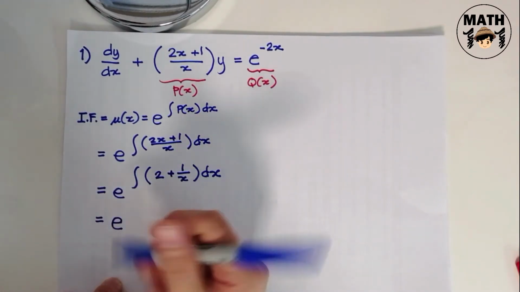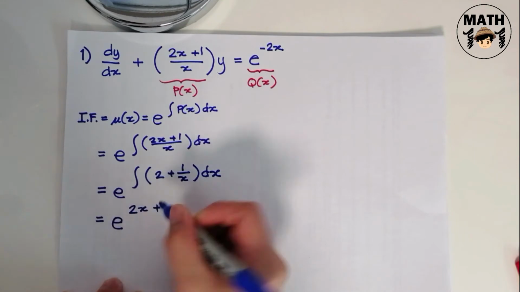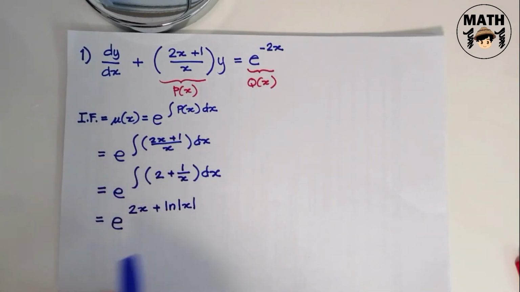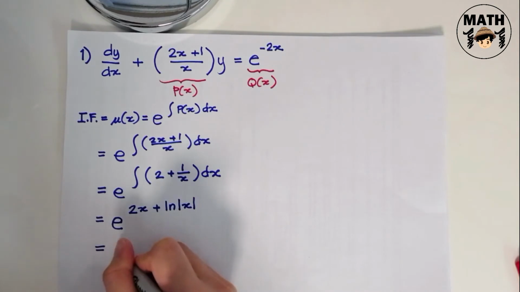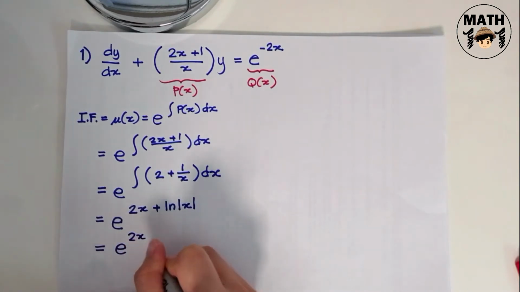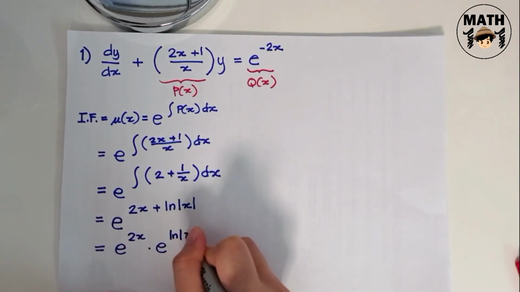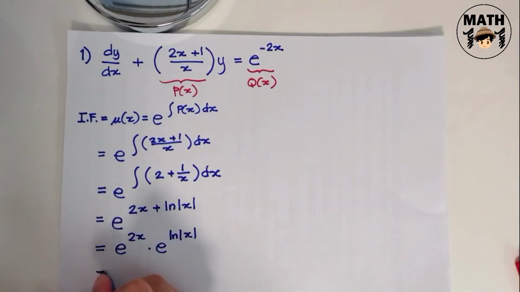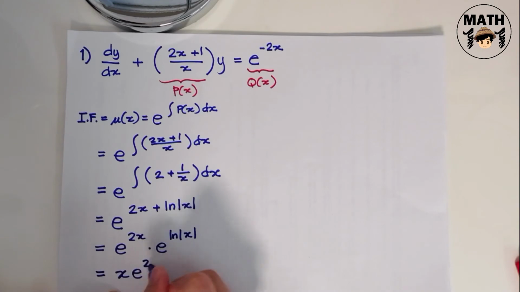The integral of 2 dx is 2x, and the integral of 1 over x dx is ln of x. We can write this as a product of e with exponent 2x and e with exponent ln of x. Simplifying this, that is just equal to x, multiplied by e raised to 2x.